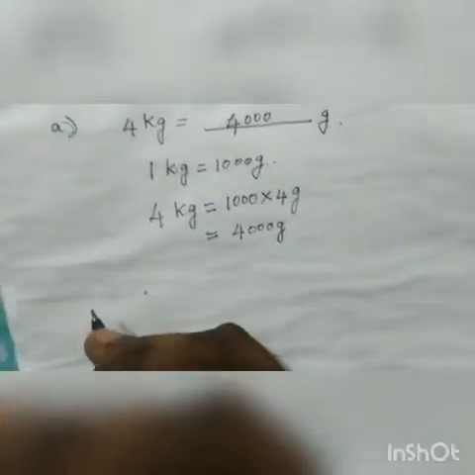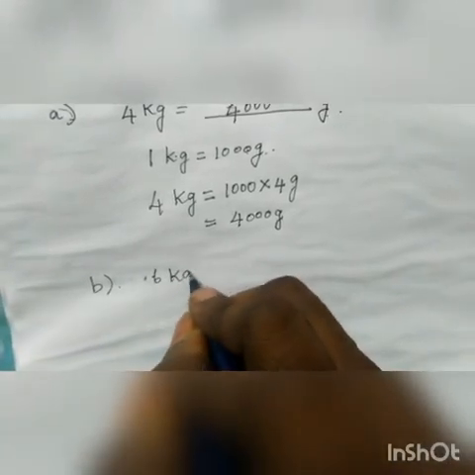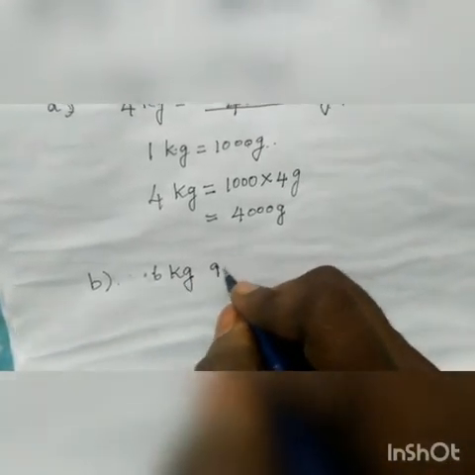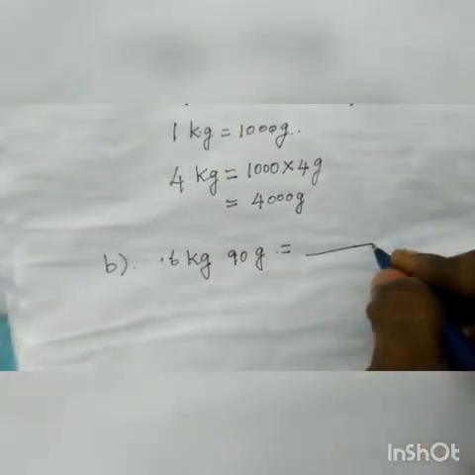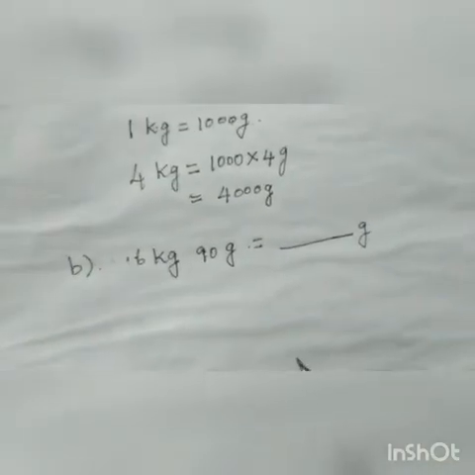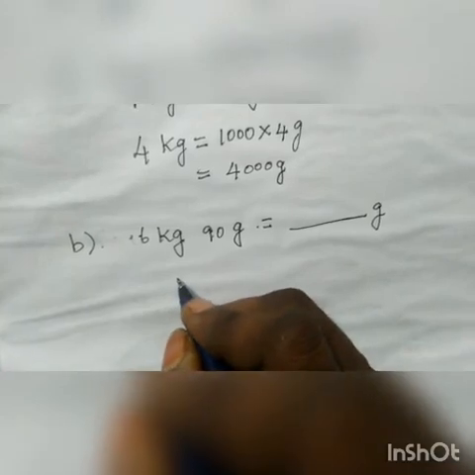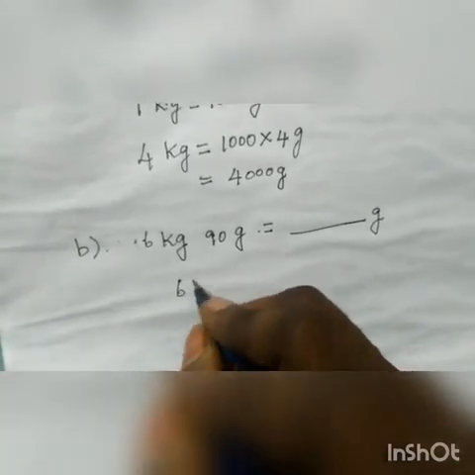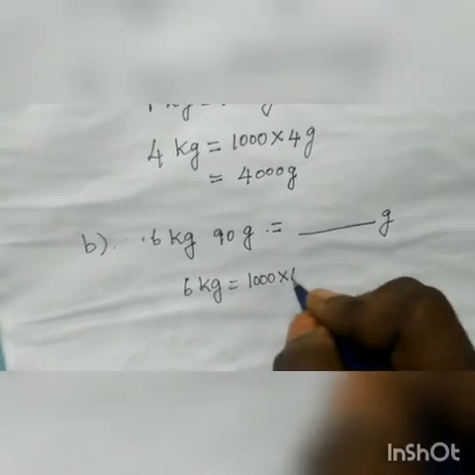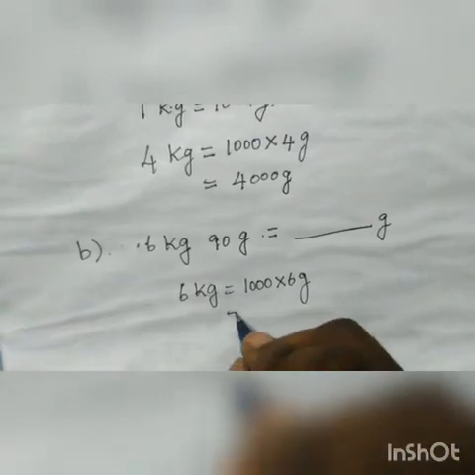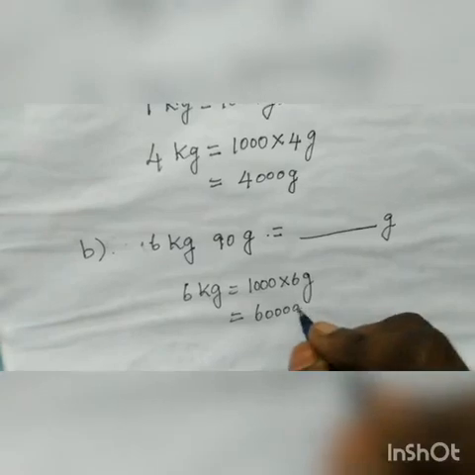Okay, second problem. 6 kg 90 gram is equal to dash gram. How will you find this? Think of that. 1 kg is equal to how many gram? 1 kg is equal to 1000 gram. So 6 kg is equal to 1000 into 6 gram, which is 6000 gram.